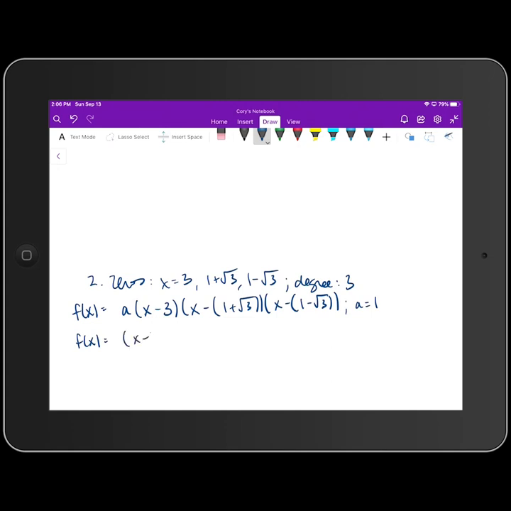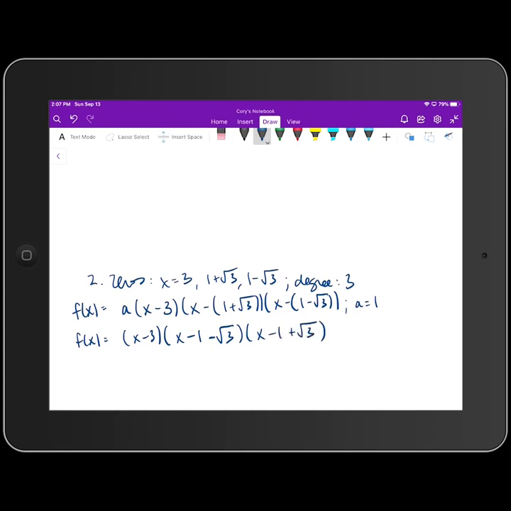So we have x minus 3 times, I'm going to distribute the negative 1 across both terms in our next factor. So that's going to become x minus 1 minus rad 3. And then I'm going to distribute negative 1 across that zero in the third factor. So that's going to be x minus 1 plus rad 3.